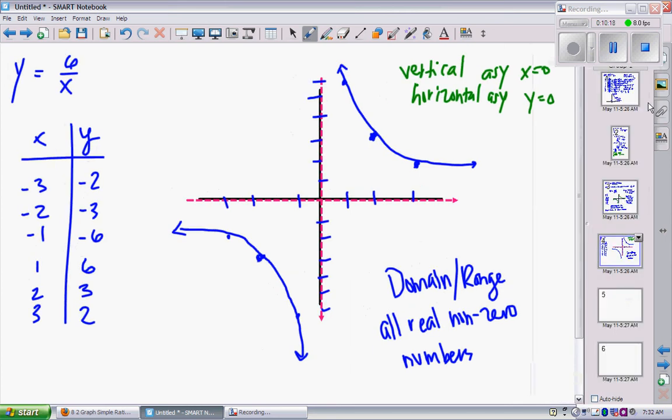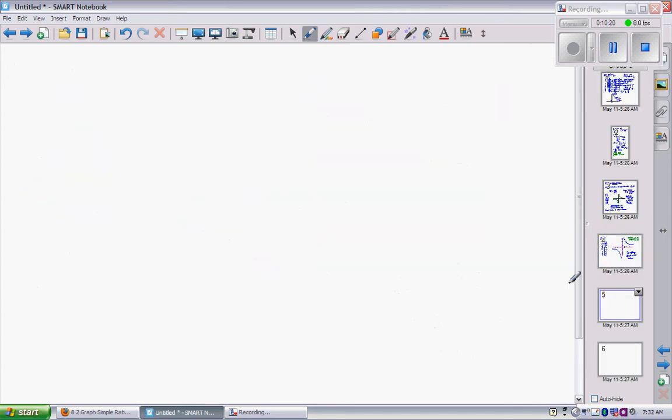Let's look at a function where we have a little bit more to do. If you have a function in the form y equals a over x minus h plus k, how many of you remember your h and k? I hope you all remember it.